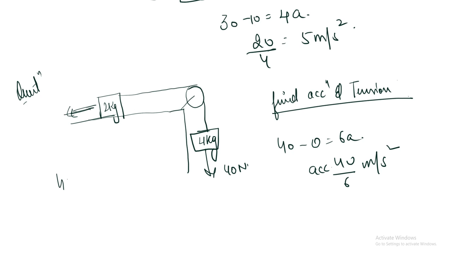So 40 minus 0 is 6 into a. Mass of the whole system, 4 plus 2, is 6. So 40 is 6a and acceleration is 20 by 3 meter per second square.